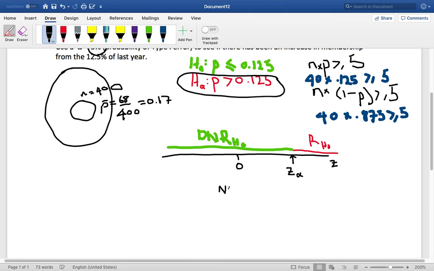It's going to be norm.s.inverse. Remember, Excel works with the area to the left, so if the area to the right is 5%, the area to the left is 95%.